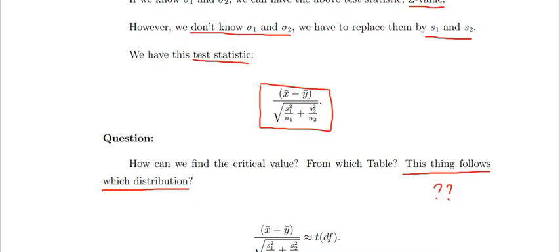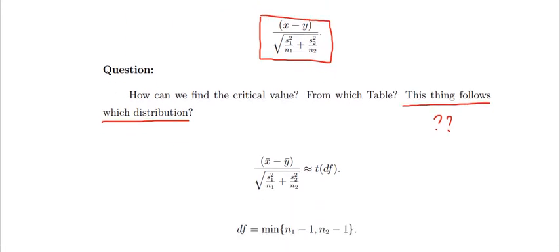So what is the answer to this question? The exact answer to this question is tough. It is quite complicated. So we can only say that roughly these things follow the T distribution, or are close to the T distribution.